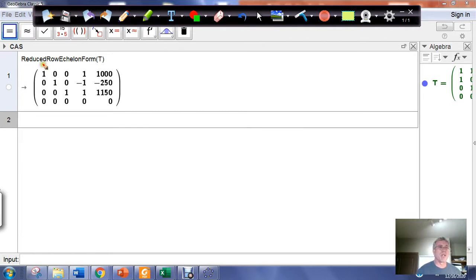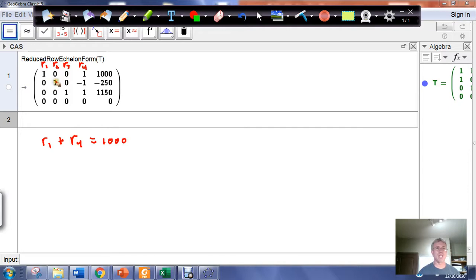So remember, each column represents the roads, road 1, road 2, road 3, road 4. So this here says 1 road 1 plus 1 road 4 equals 1,000.